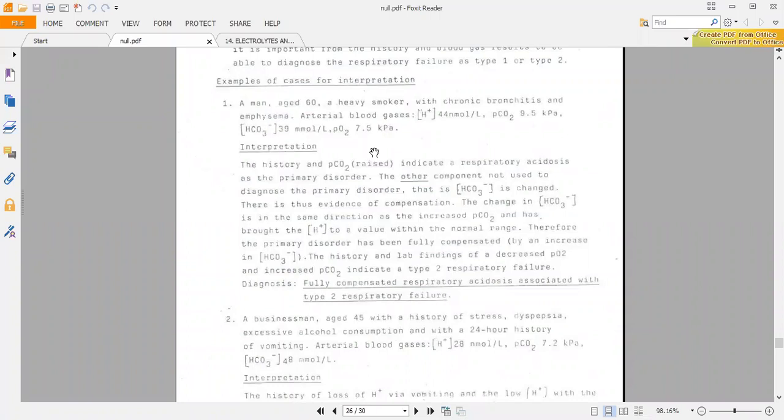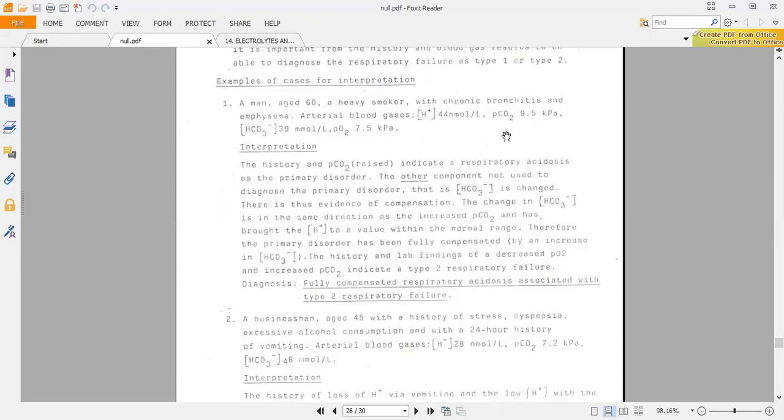Now, if you look over here, it gave the partial pressure of oxygen to be 7.5, which is reduced. Carbon dioxide is increased. So remember the type 1 and type 2 respiratory failures that we talked about. Type 1, only oxygen is reduced. And type 2, oxygen is reduced and carbon dioxide is increased.